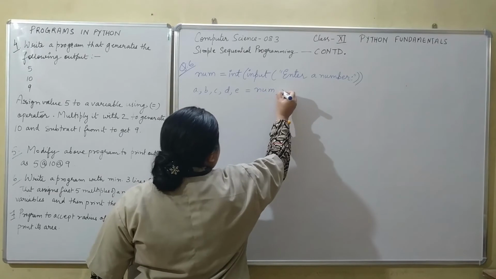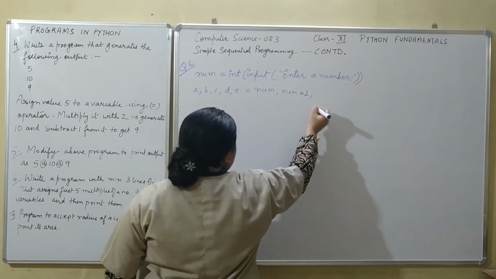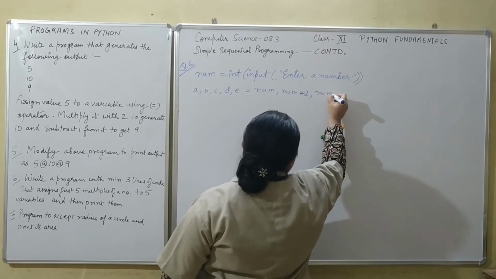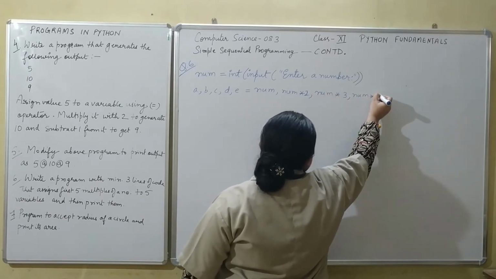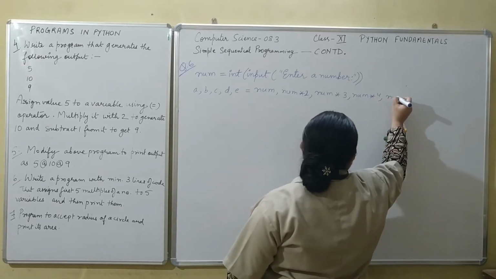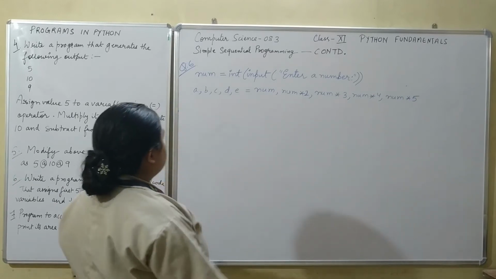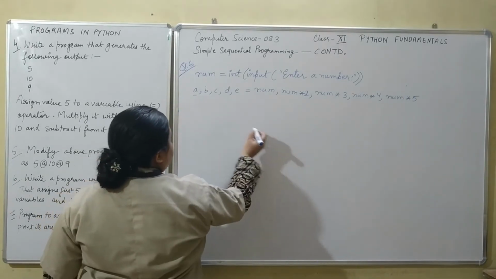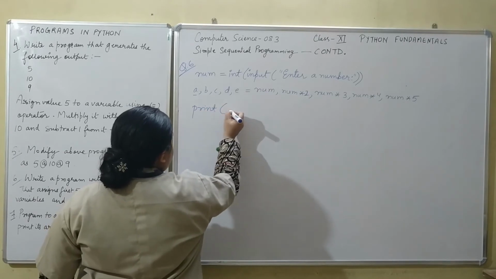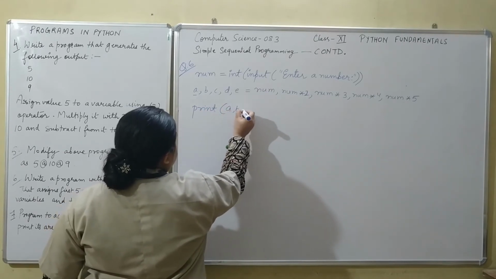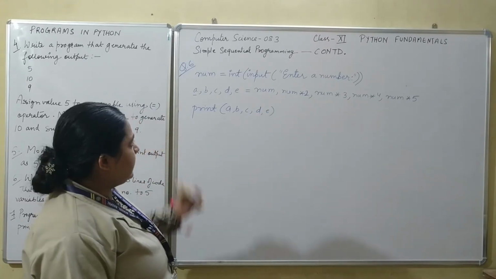First one will be num, second one will be num multiplied by 2, third one will be num multiplied by 3, and so on. So the first value A will get what? Now we'll first print them and then we'll see the dry run. So now we can print the values. So minimum 3 lines of code.